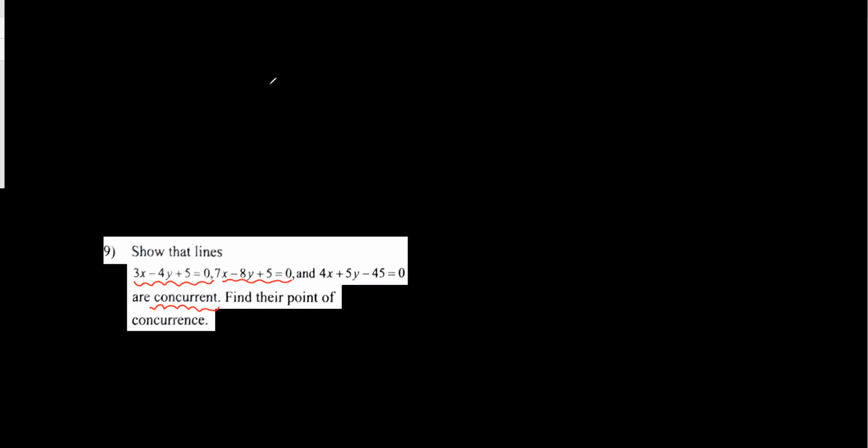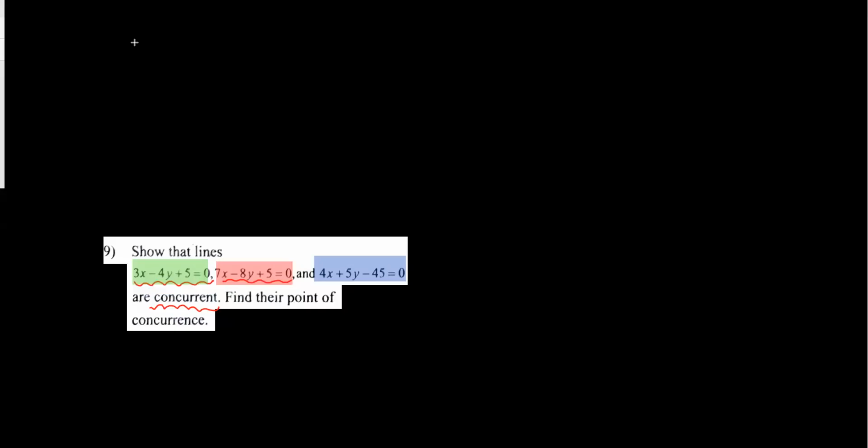What do I want to prove? I want to prove that this line, this line, and this line, the three lines, are passing through one single point. That is what I want to prove.